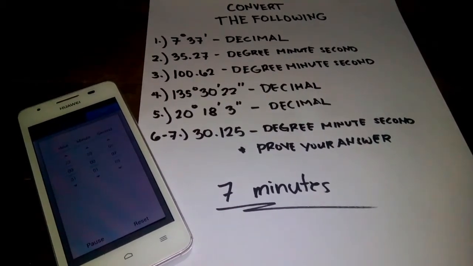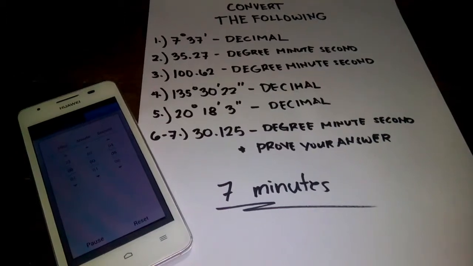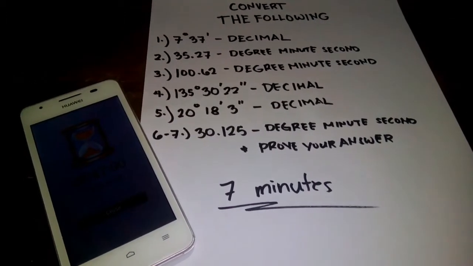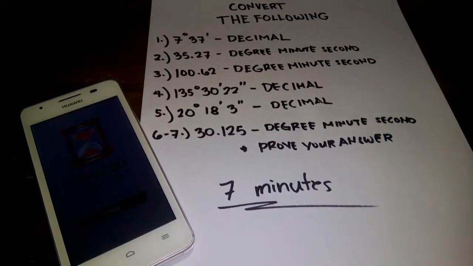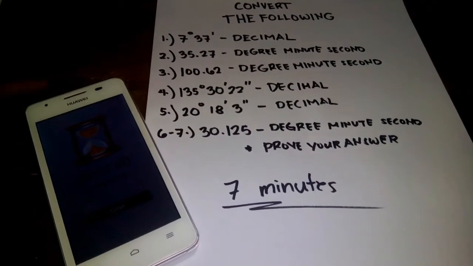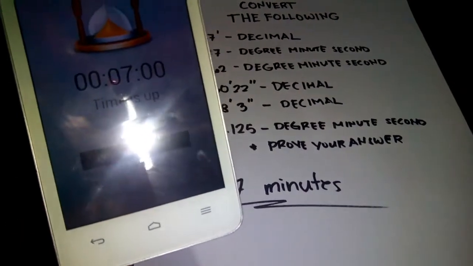Nine, 8, 7, 6, 5, 4, 3, 2, 1. Time is up.